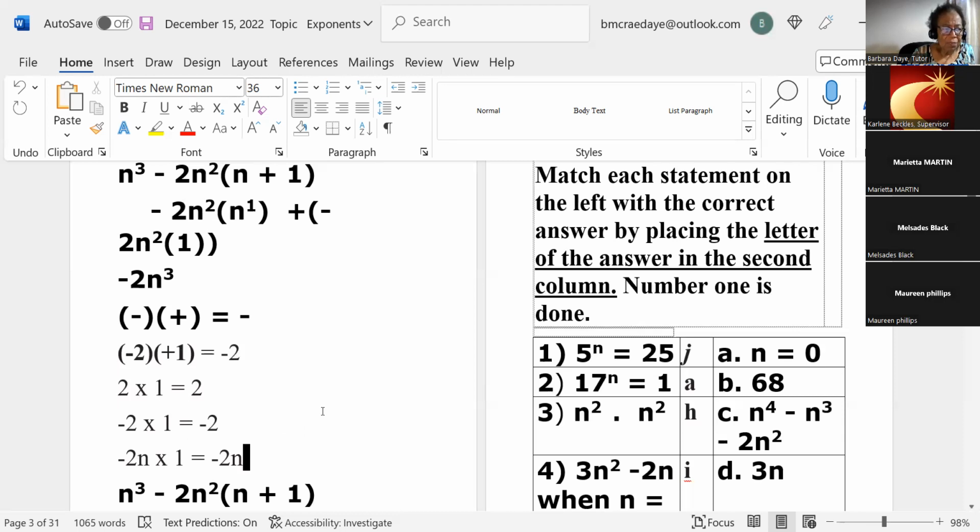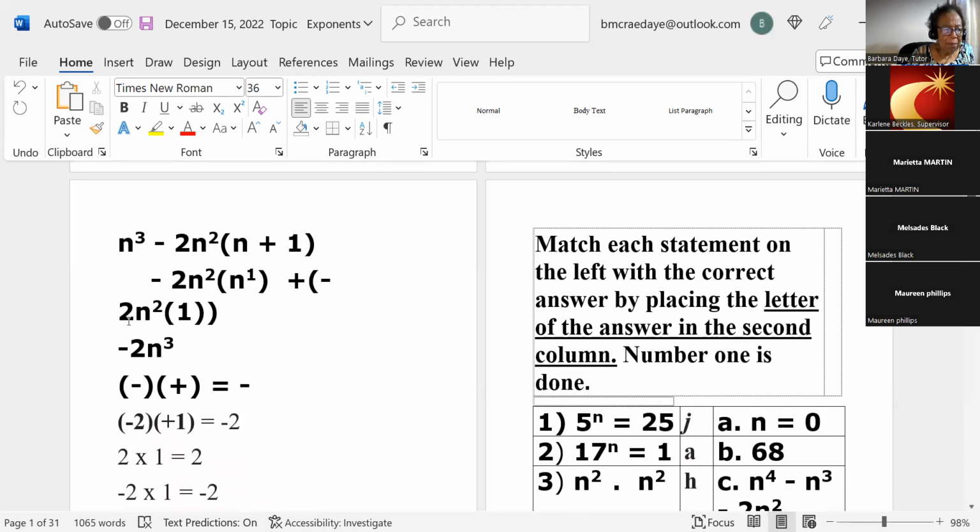All right? Now, back up here, minus 2n to the second times 1 is what? What would be the answer here?